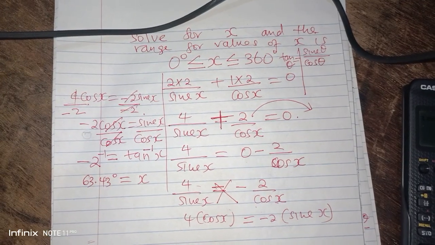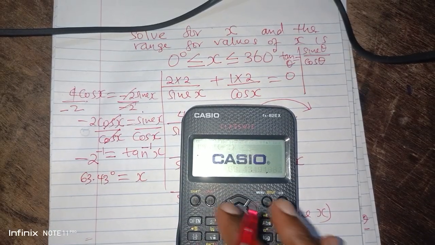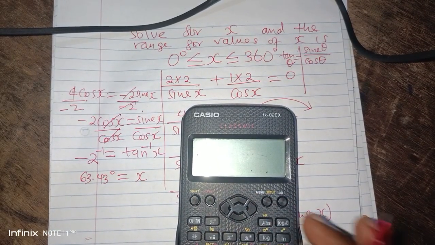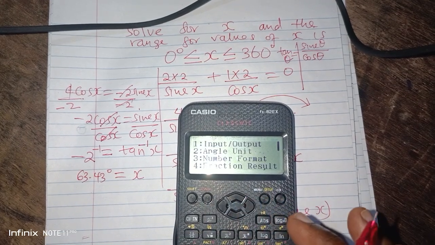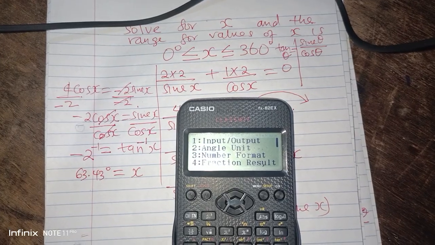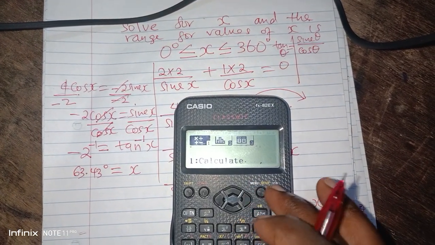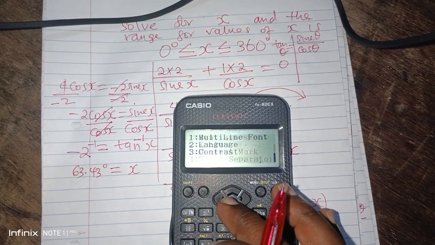In that case, we can now get the calculator's settings taken care of, so that you can exactly see what you have as our answer. So let me see. I want to have the setup.